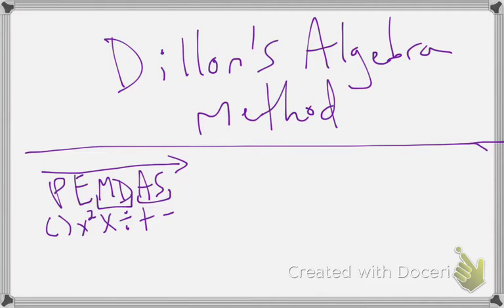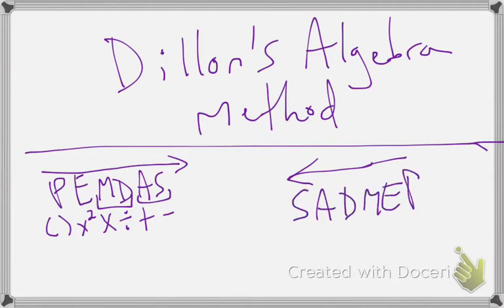Well, with algebra, what you're really doing is a backwards game to try and solve for x where there is an equal sign. So you go from an expression to an equation. And you have to do the opposite of everything that's happening from one side to then both of your sides. And because that's backwards, because it's the opposite, we need to do the opposite of PEMDAS, which is SAD MEP.